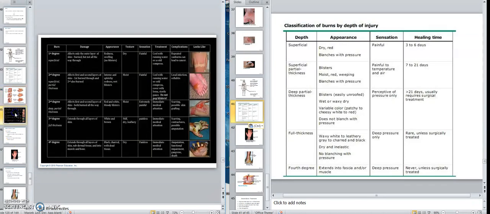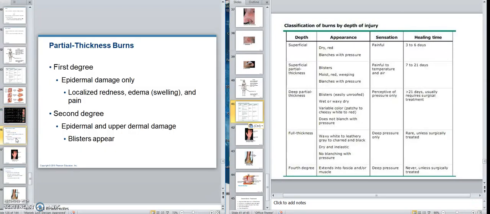So here's another classification: first degree, second degree, third degree, full thickness through the layers of the skin, and then fourth degree. Okay. So this kind of shows you the classification based upon depth. Okay. So partial thickness, first degree epidermis only, redness, swelling.